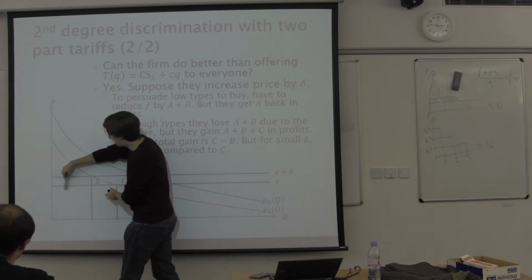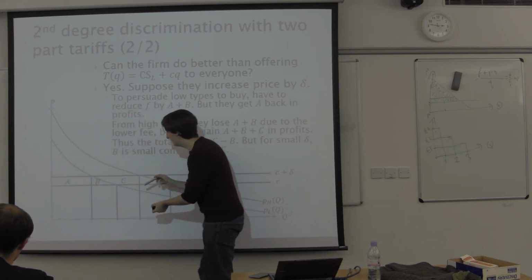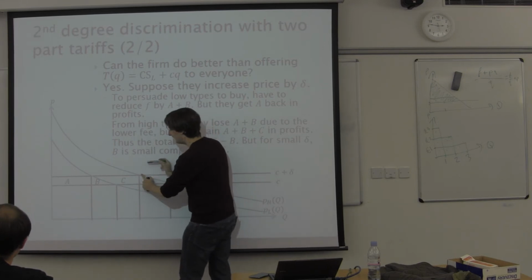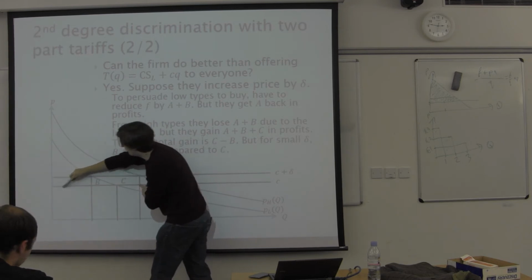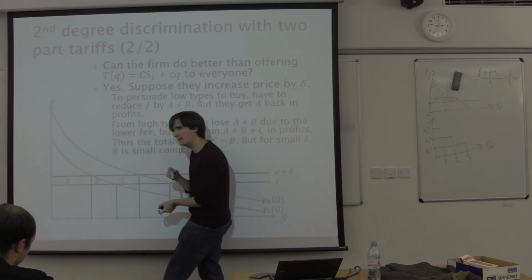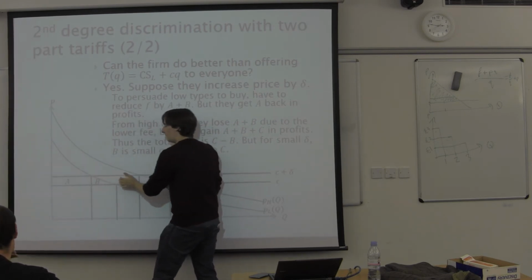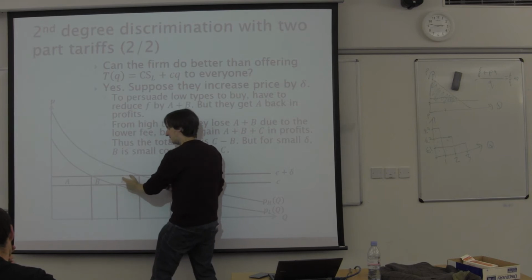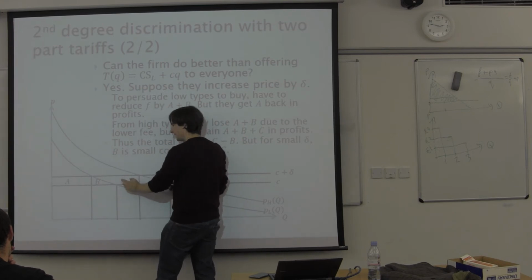Again, the high value consumers are now paying this lower fee, so they've lost A plus B, but high value consumers are demanding this quantity here, so the producer surplus from selling to high value consumers is this box A plus B plus C. So they've lost A plus B, they've gained A plus B plus C, so in total they've gained C. So from selling to the low value consumers they lost B, from selling to high value consumers they gained C.